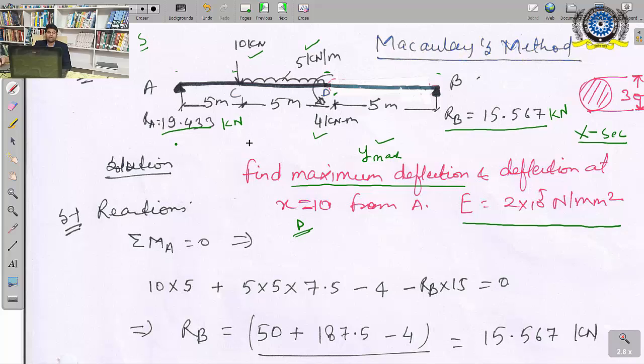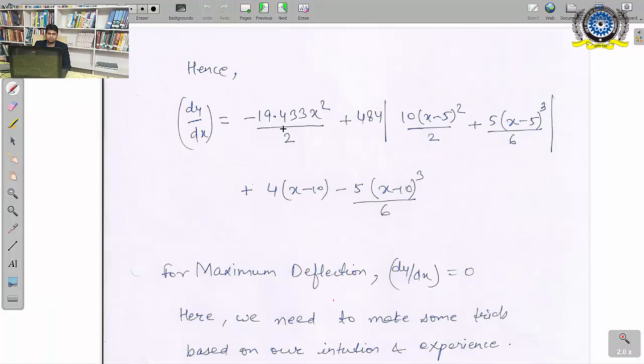In the first trial we say that y max will occur somewhere between C and D. When maximum deflection is between C and D, then the equation of dy by dx will be taken only up to the portion D. Here it is shown: the maximum is between C and D, so this portion is applicable for 0 less than x less than 5.